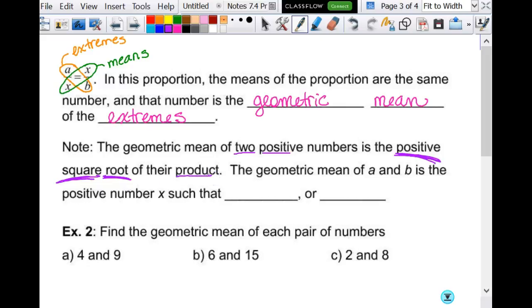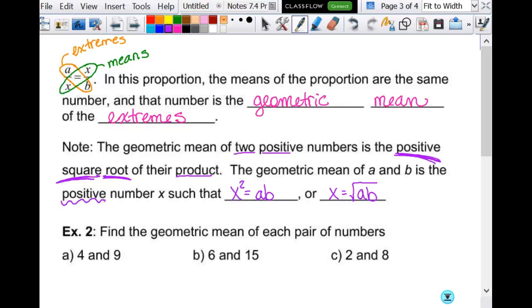So the geometric mean of A and B is the positive number X, such that when I cross multiply, X squared is equal to A times B. Or when I actually solve for X, X is equal to the square root of A times B. But remember, it is the positive number that you get out of there.